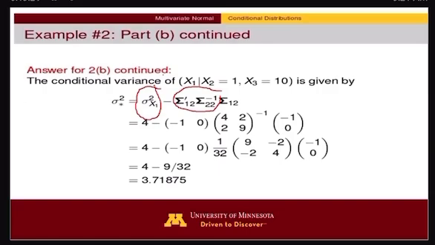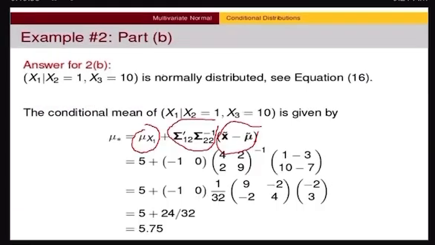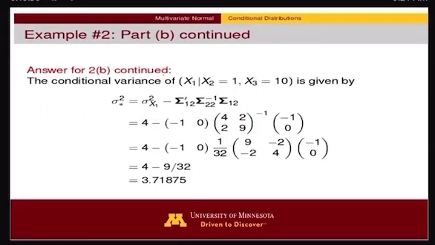Now, when you follow all of that, that is going to be your conditional variance. Is there anyone who doesn't understand something on this page? Is there anyone who doesn't understand how I got both the conditional mean and conditional variance? If you have your conditional mean and conditional variance wrongly computed, then that's going to be an issue moving forward.